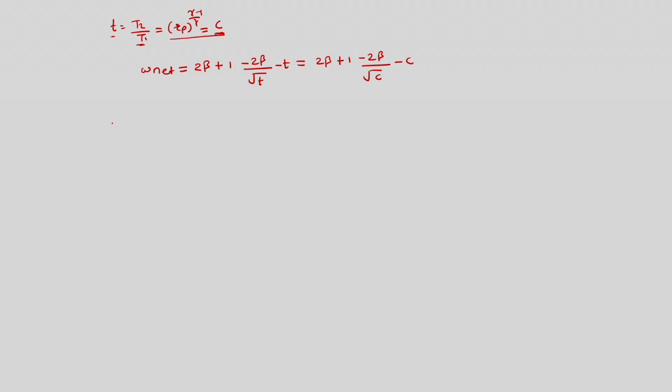is equal to 2 beta plus 1 minus 2 beta upon root C minus C. Here we can use this to plot W net upon Cp T1 versus Rp, which is pressure ratio. So we will plot it for different betas.